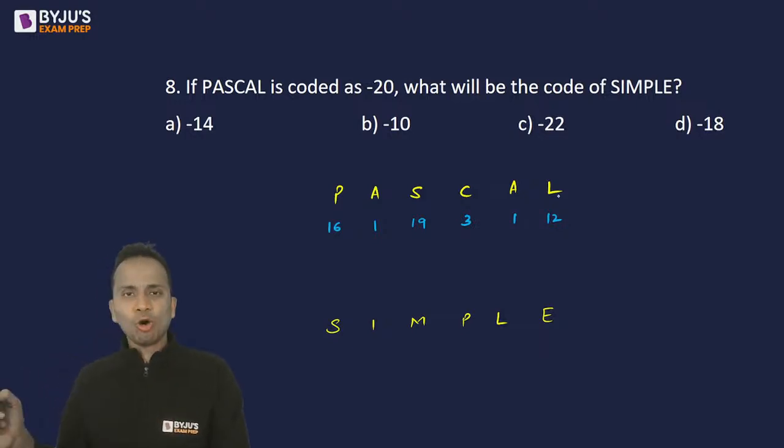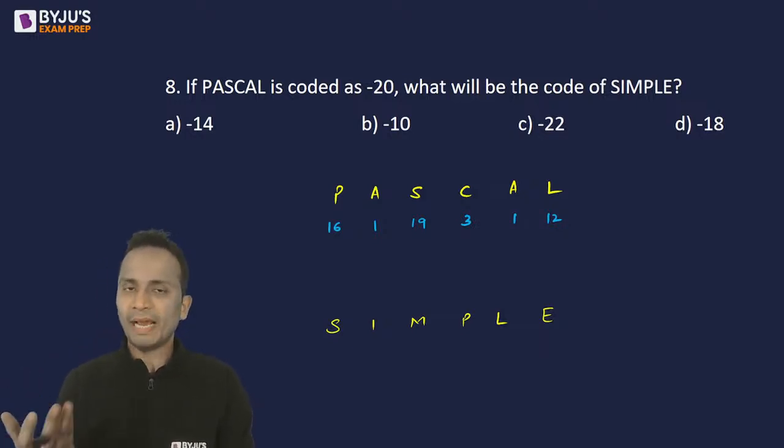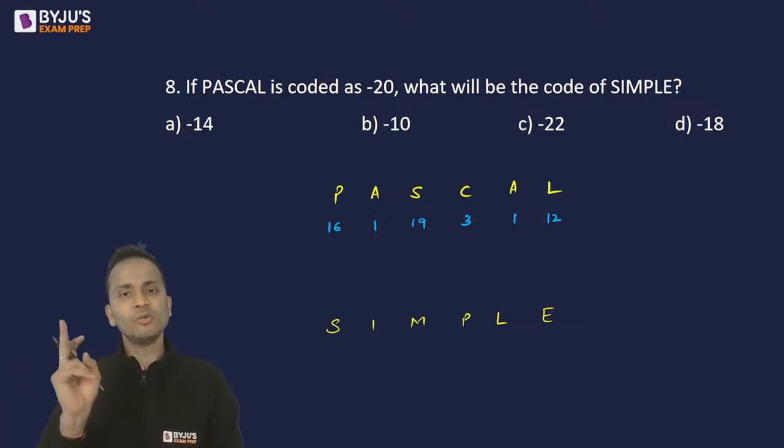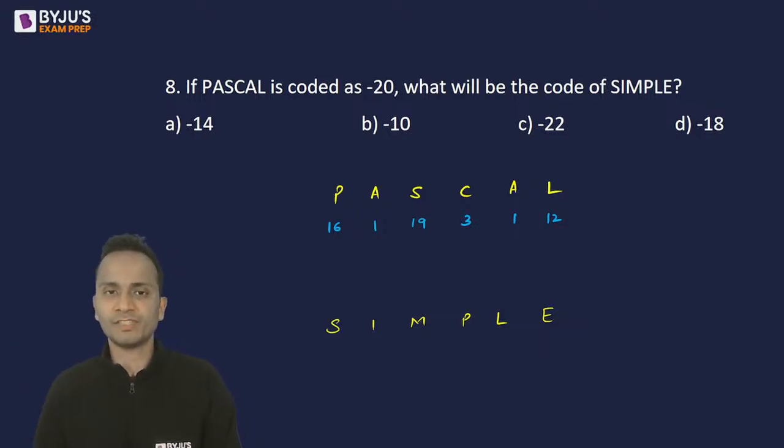Now, if I'll add all of them, it will not add up to minus 20. If I'll consider negative sign with all of them, again, it will not add up to minus 20. So what I'll do is I'll try alternate positive negative sign. Since I need a negative answer, so it should be heavy towards negative. So I'll start from negative sign. So minus 16 plus 1, minus 19 plus 3, minus 1 plus 12.